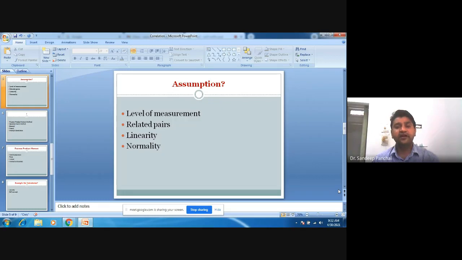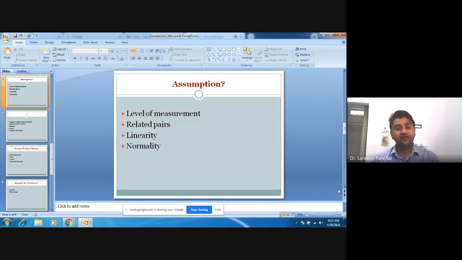If we are talking about parametric statistics, we need the level of measurement to be at least interval level, or at least continuous variables. Interval means two things have a relative distance between them.